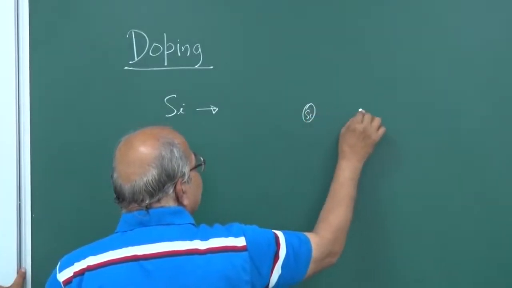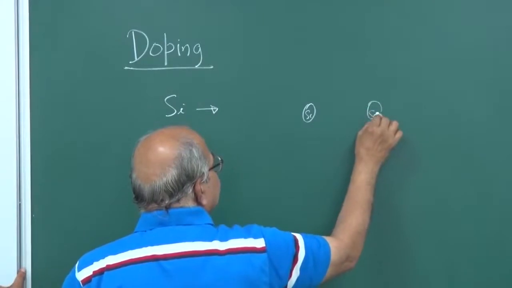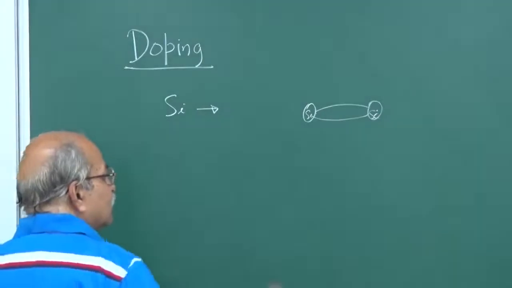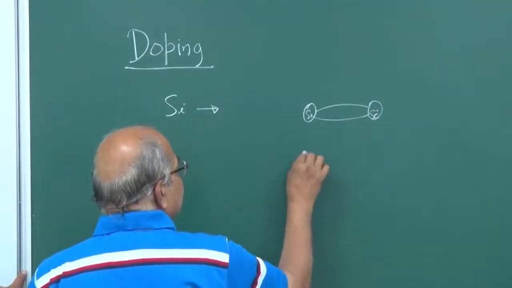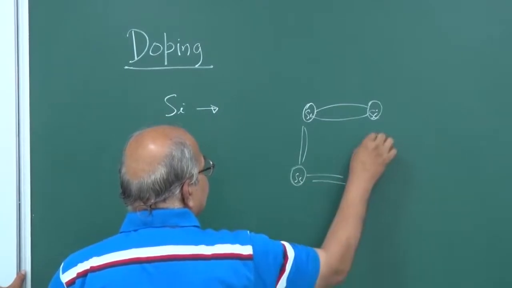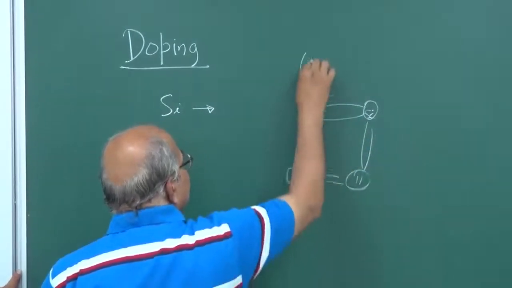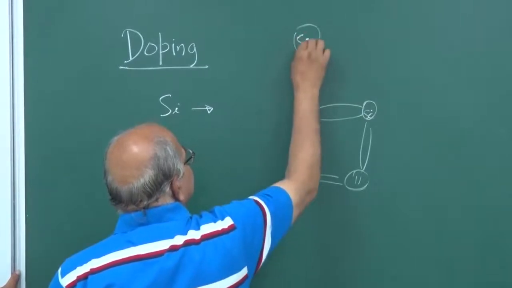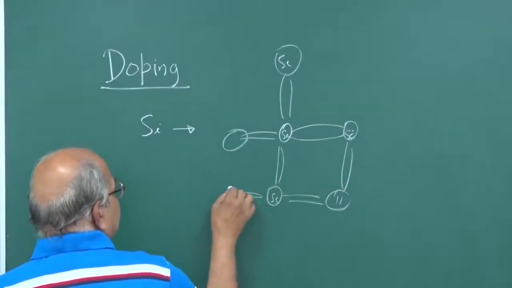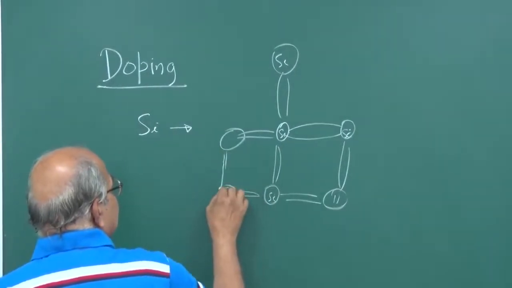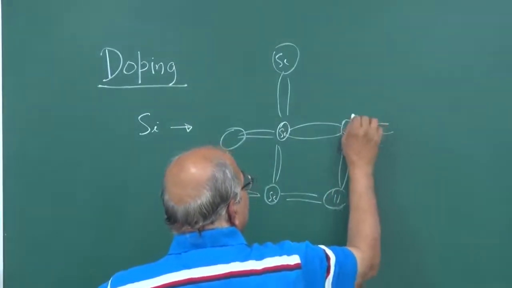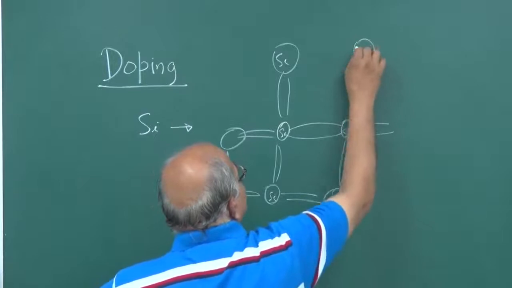Silicon and silicon are bonded by 2 electrons, 2 sp3 electrons, and each silicon is bonded to 4 other silicons and so on. So you have this kind of structure. This is a 2-dimensional representation. As I had told, the real one is 3-dimensional; I have shown that ball and stick model.